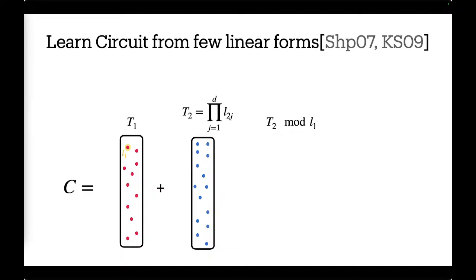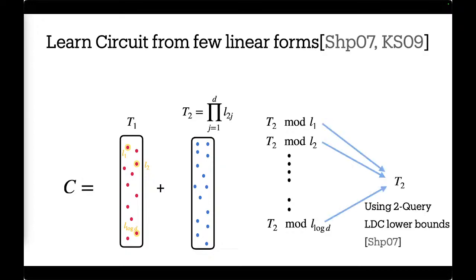And let's say your friend was really nice and he didn't give you just one linear form, he gave you log D independent linear forms, and you use them to get log D independent projections of the gate T2. And what Shpilka showed was that that is all you need. That is enough information to learn T2 up to a constant, and this was a really nice result that used lower bounds on 2-query LDCs, and that is how you did reconstruction.